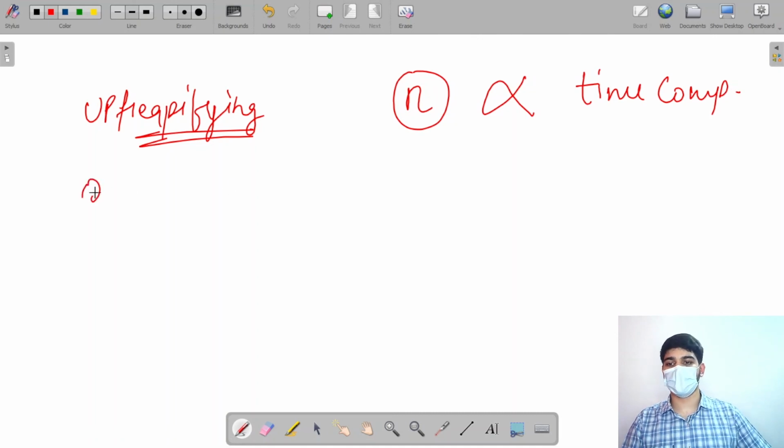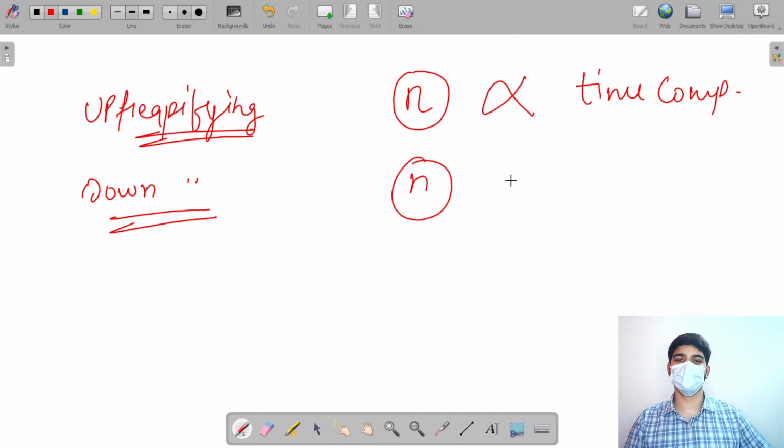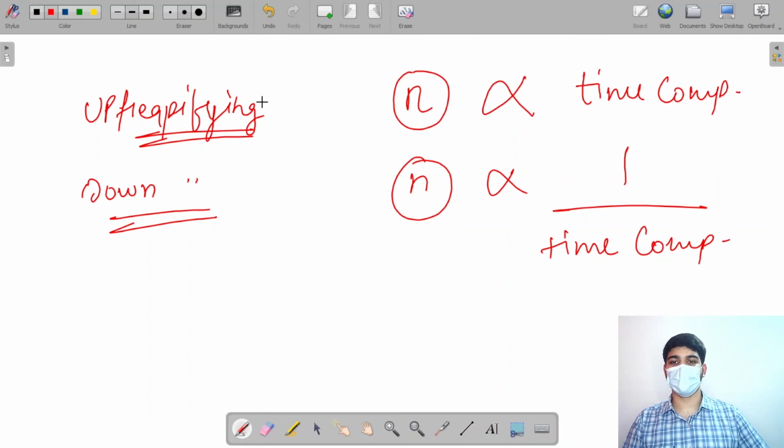But while down heapifying, our number of nodes became inversely proportional to our time complexity, and this led to a lower time complexity, from n log n to O of n.